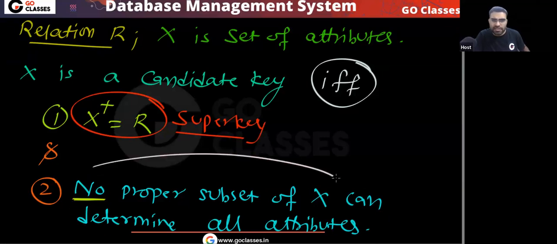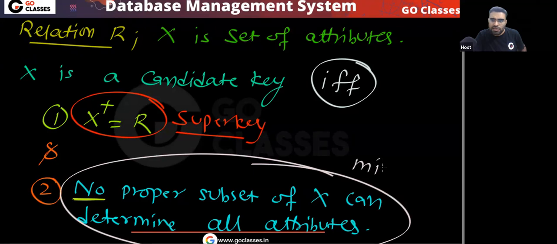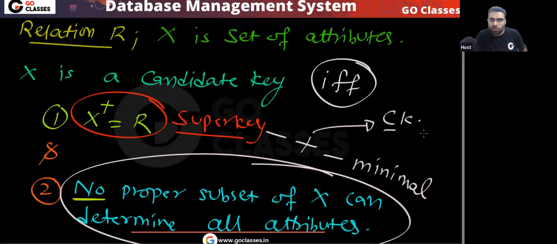Is this clear? And what is a minimal super key? If I add these two things, what will I get? I will get a candidate key. Yes or no? Very simple. So these are the definitions we have already seen. Now we have done the revision also.